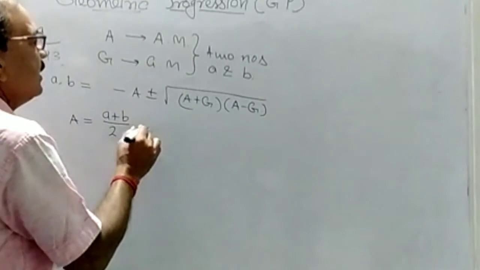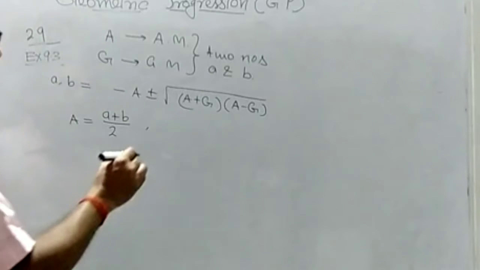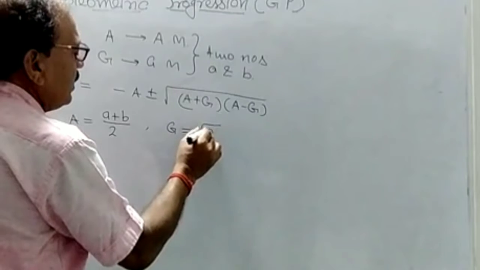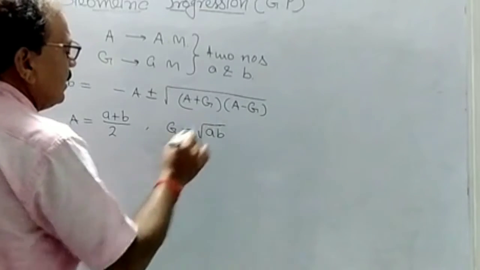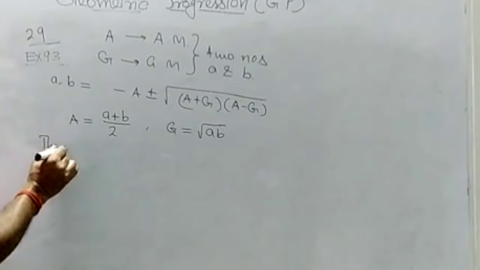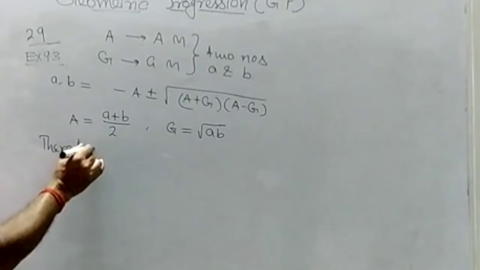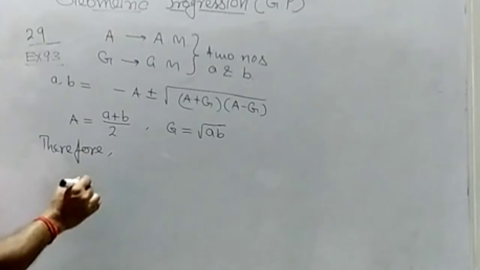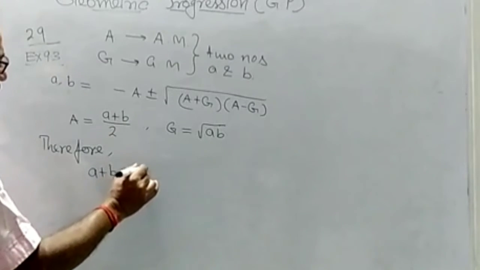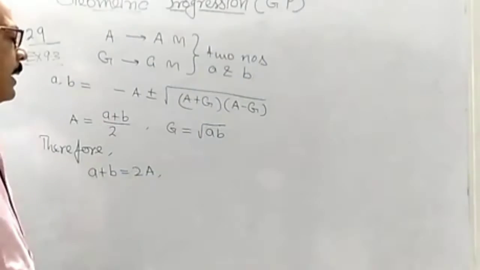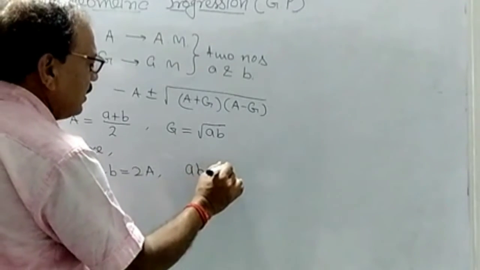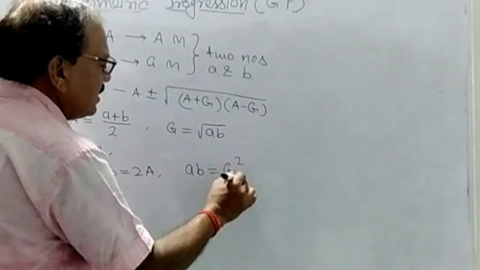And G is the geometric mean, so G is the under root of ab. Therefore, the sum of the two numbers a plus b is 2A, and the product of the two numbers ab equals G square.